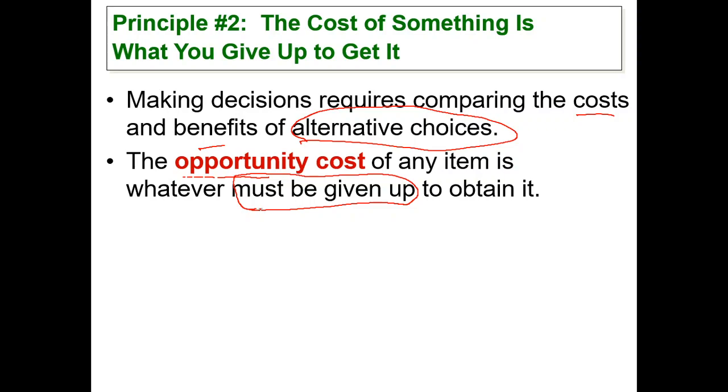So for example, kung mag-eskwela ta, so wala ta na trabaho, no? So kung na-decide ta nga mag-eskwela, ang opportunity cost anang atong pag-eskwela is katong value unta atong panahon nga nagtrabaho pa unta ta.